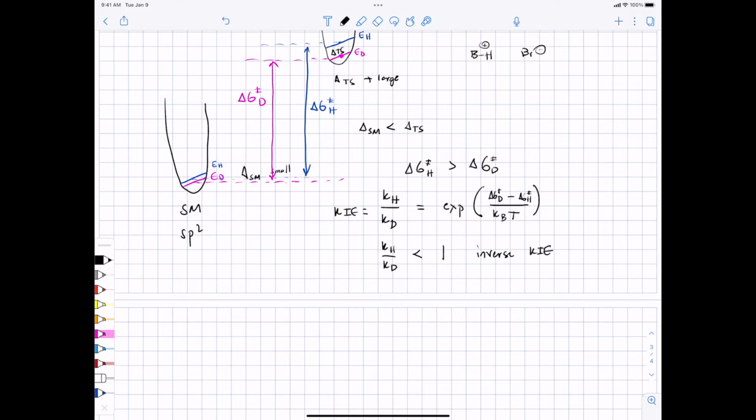Let's just look up CH out of plane vibrational frequencies, sp3, sp2, sp. IR handout. I don't know that this is going to be useful.